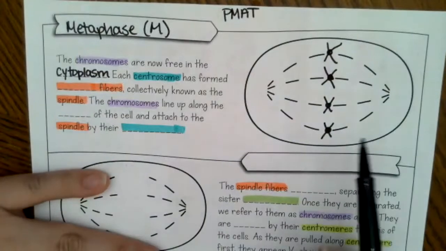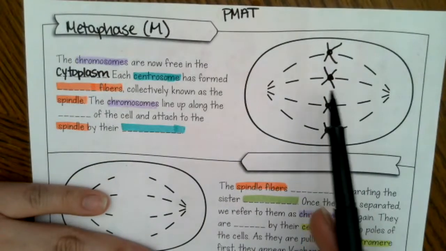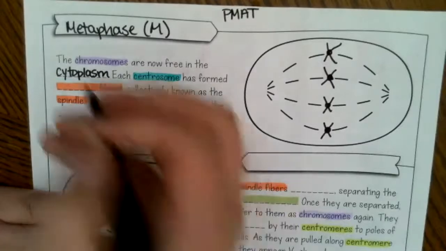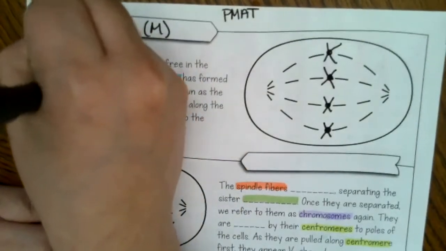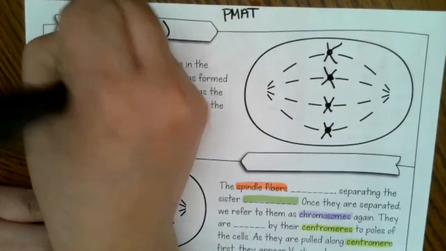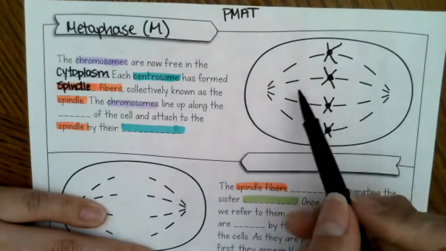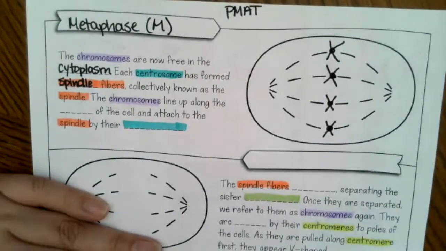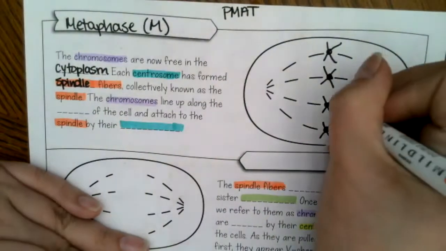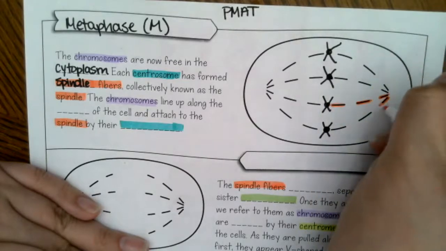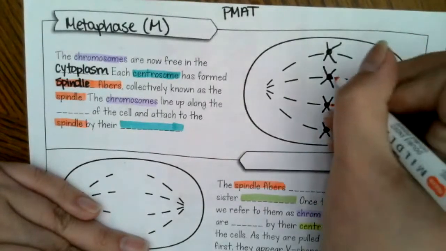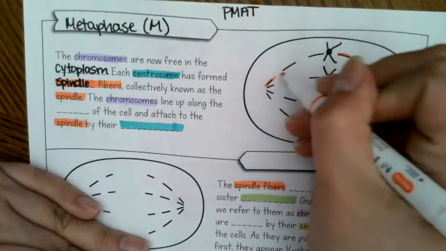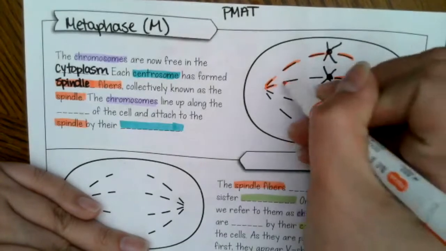All right, but as you'll see here, each centrosome will have formed some spindle fibers, okay? And that's what these little strands here are called. So I'm actually gonna go ahead and highlight them because y'all know Miss Reyes likes her color coding. Oh yes, indeed. So all these little orange structures over here are called those spindle fibers.